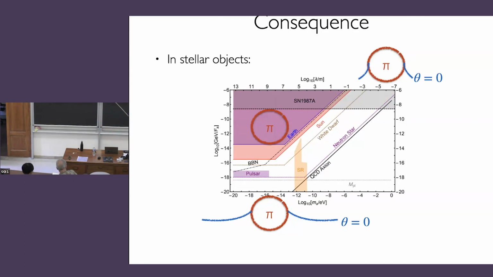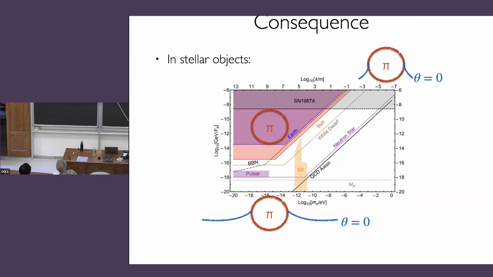And then we decided that there are two different types of behaviors outside this region where theta equal to pi. So in this part of our parameter space, to the left of this point, where this line basically tells you how big is the object, if the axion mass is very light compared to 1 over r, then outside of the object you have a slow decay of this theta from theta equal to pi to theta equal to 0.